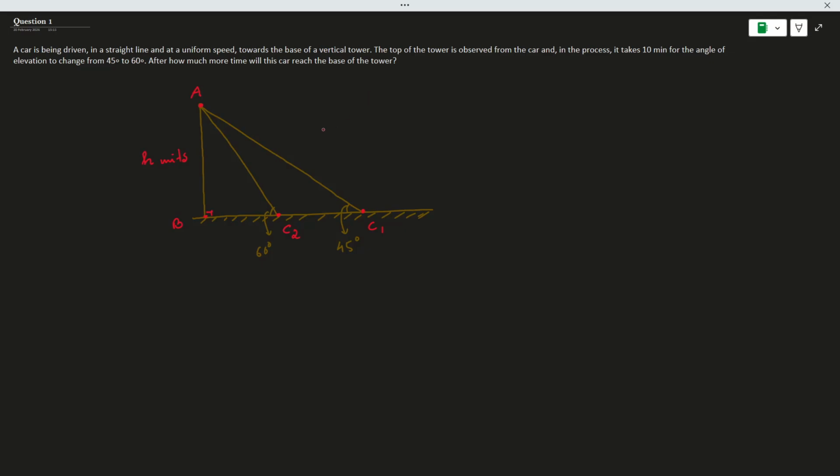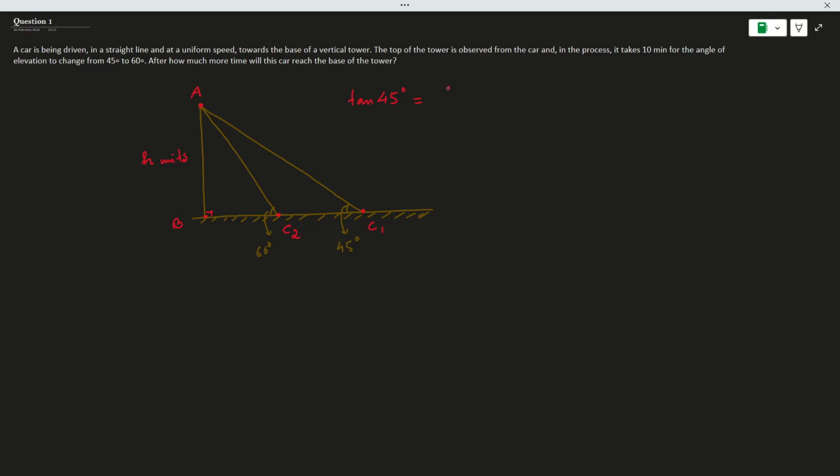Alright, what can I say? tan 45 degree is equal to perpendicular by base.